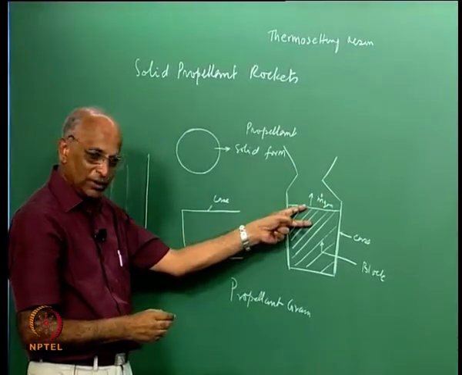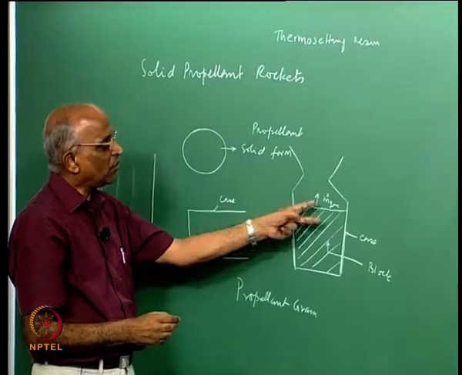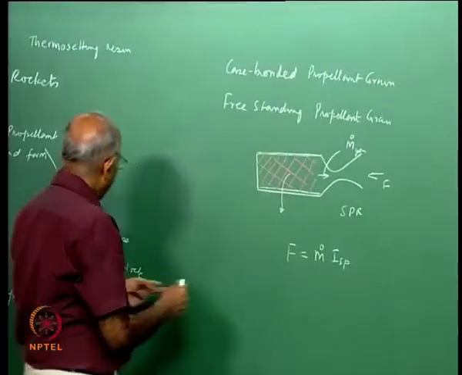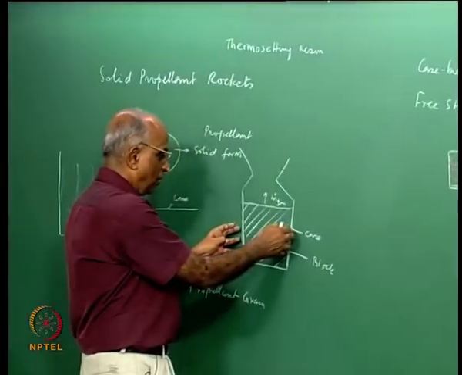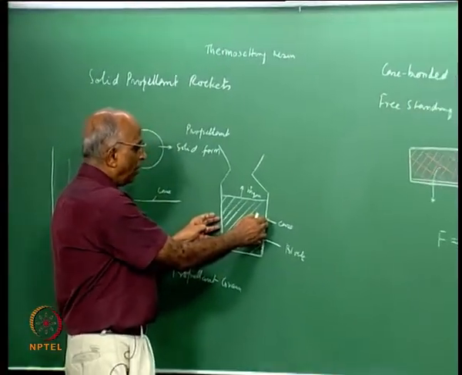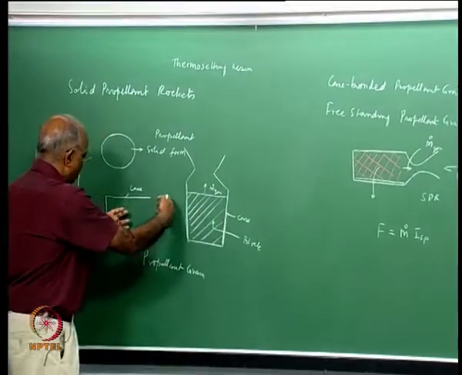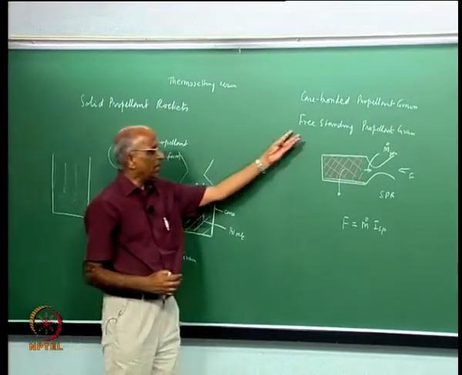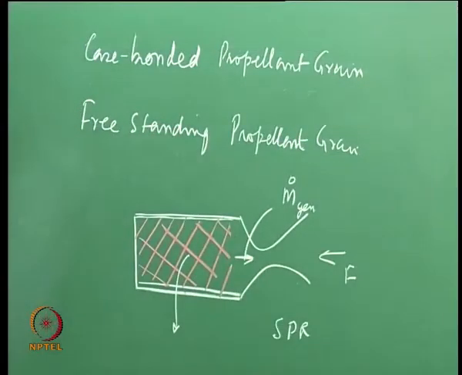These propellant grains could either be directly bonded in the case, or the hardware of a rocket, or they could be made elsewhere and just shoved inside the case, in which case it is known as freestanding; the other one is known as case bonded. I think this is all about the terminologies.